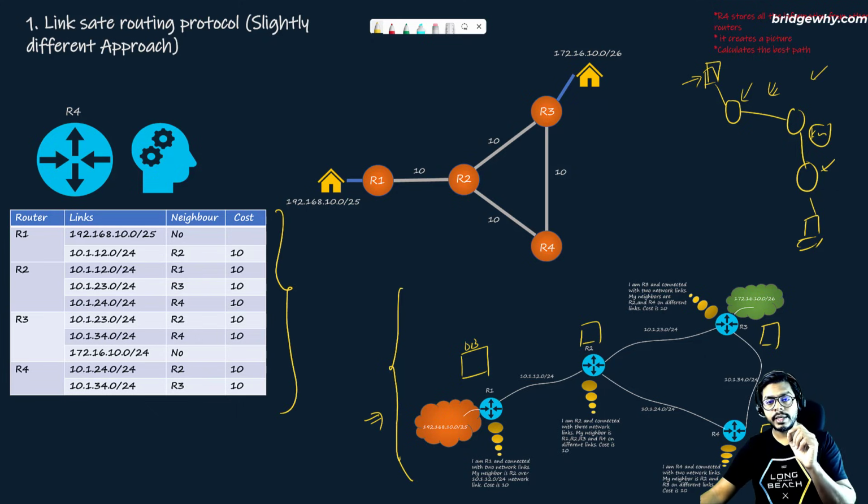So I want to showcase everything from R4's perspective. R4 is the router here, right? You can argue with me, why not from the R1, R2, R3 perspective? I chose just R4, just like that, right? But will it make any difference? No, because now R1, R2, R3, and R4, everybody has the same database. It means that everybody's perception of the network is the same.